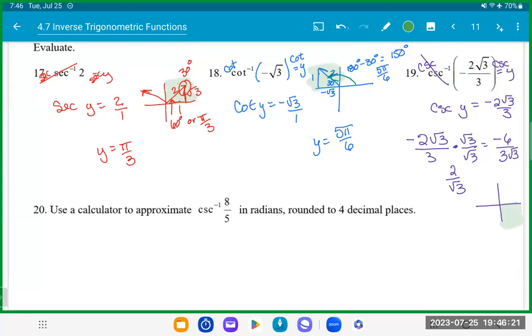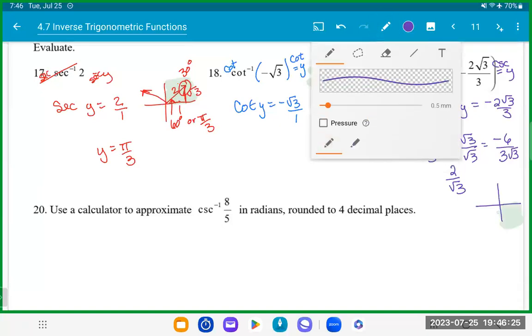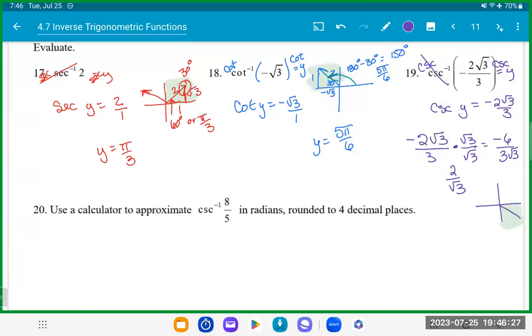And so if I'm looking at this here, for my cosecant, that's the reciprocal of sine. So that is my hypotenuse over my opposite. So this leaves me a 1 here.